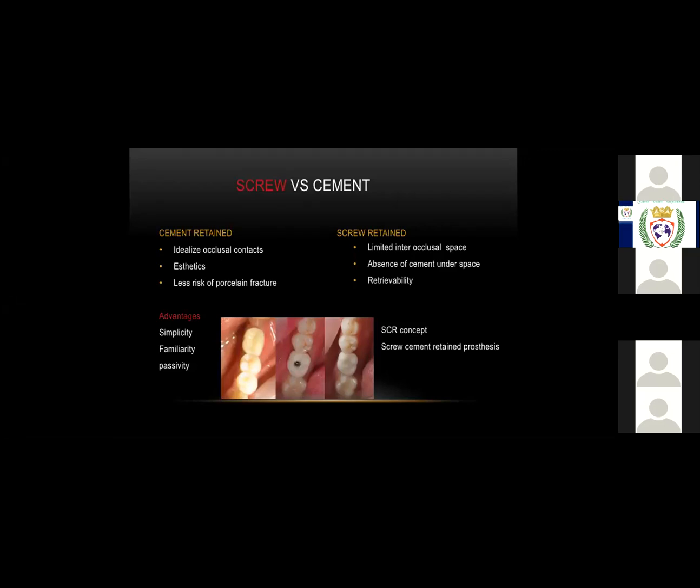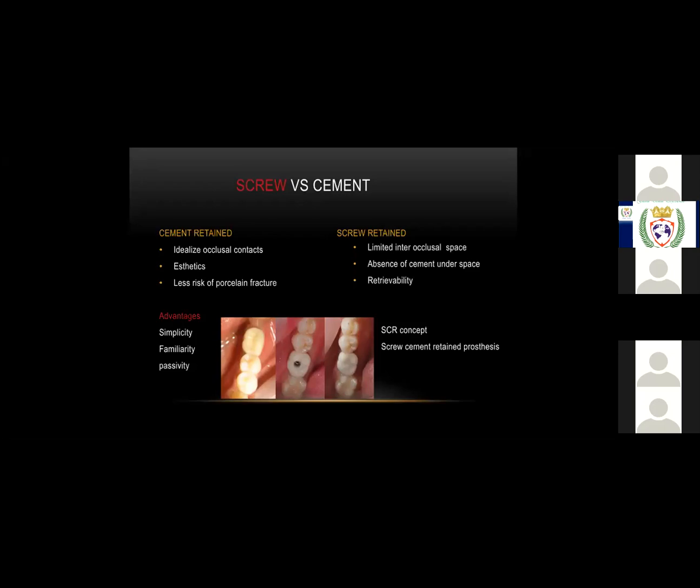That's where we used to have a nightmare, whether the implant is moving or a screw is moving. And especially if you do full mouth rehabs with cement, it's the biggest nightmare to retrieve the whole thing and cement it back. So on a long-term basis, for maintenance, screw retained is the best thing you can have.